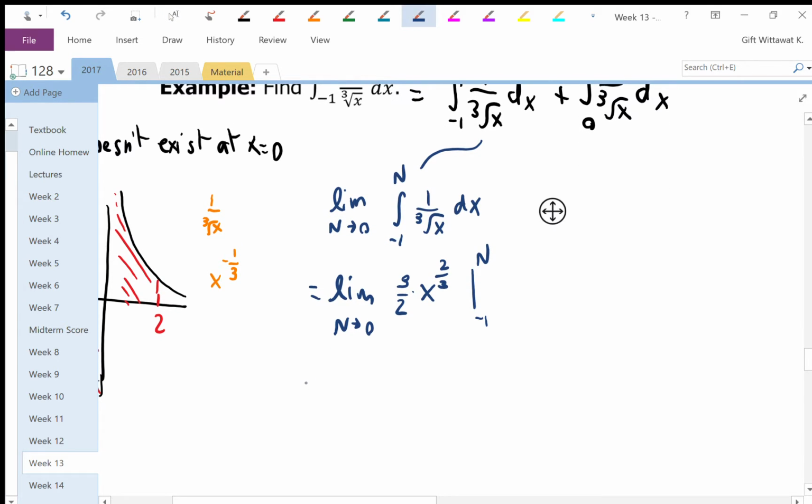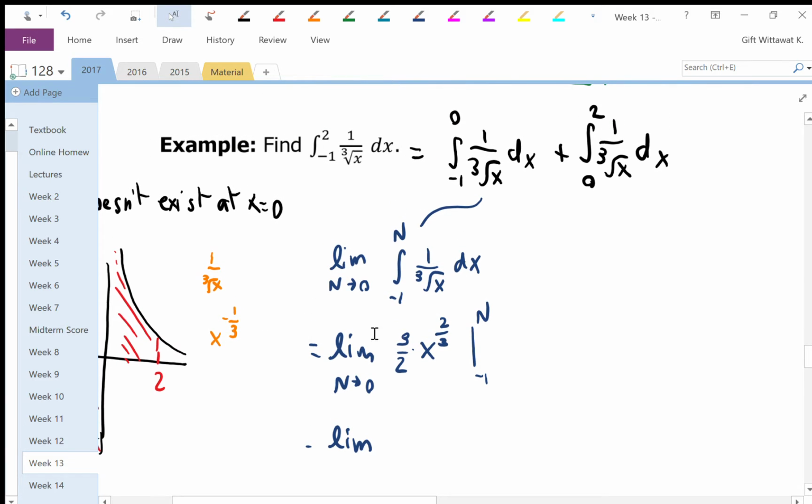Oh, wait a minute. Do you add 1 or subtract 1? I forget. When you integrate, you add 1 to the power, right? So you add 1 to negative 1 third and you get 2 thirds.